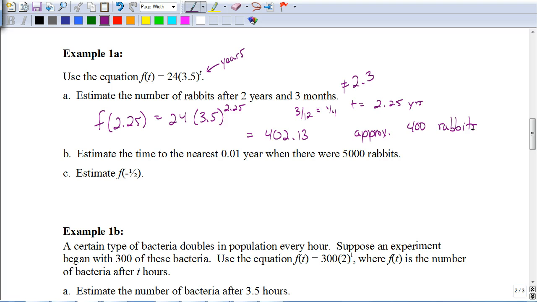Now B we're actually not going to do, and I'll talk about that. It says estimate the time to the nearest 0.01 years, or nearest hundredth of a year, when there were 5,000 rabbits. So here you're trying to figure out how long it took to get up to 5,000 rabbits.